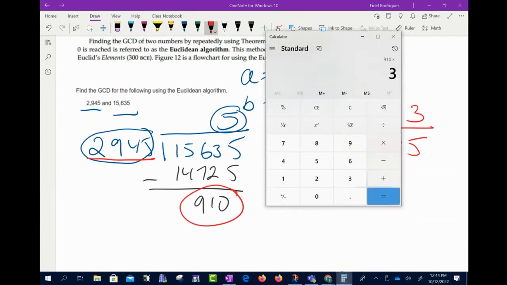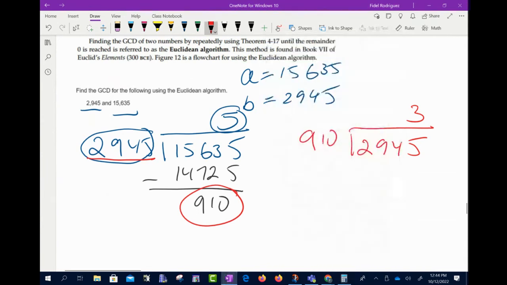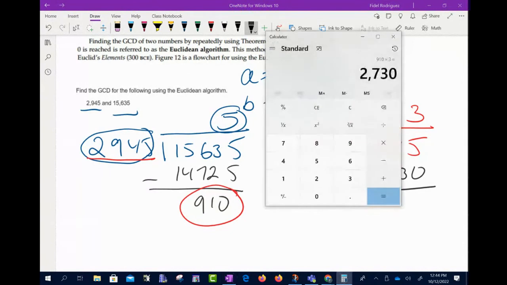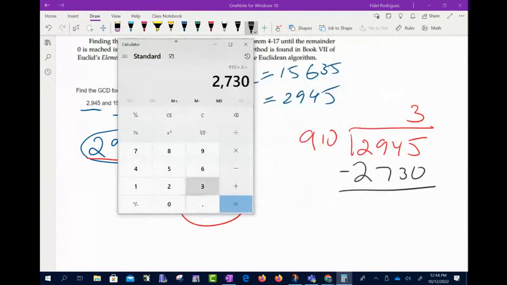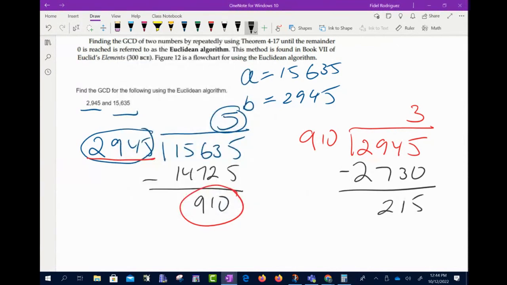So 910 times 3 is 2730. So right here, y'all, I'm going to put a 2730, and we're going to subtract, okay? So 2945 minus 2730 is giving me 215, okay?